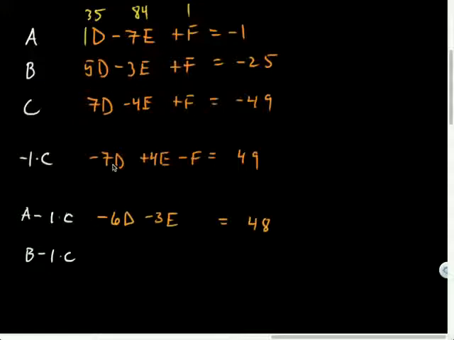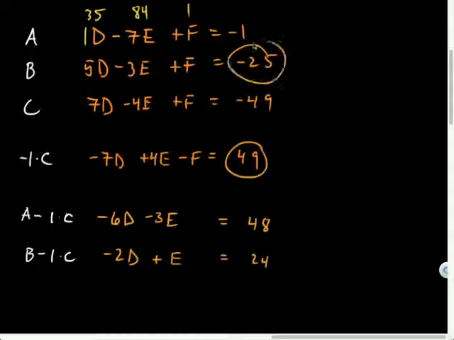So 5d and -7d is -2d. -3e and positive 4e will be positive e equals, and what's this, 49 and -25, what's that be, 24? Because if this was 50 minus 25, that would have been 25, and it's one less than that, so I believe it's 24.